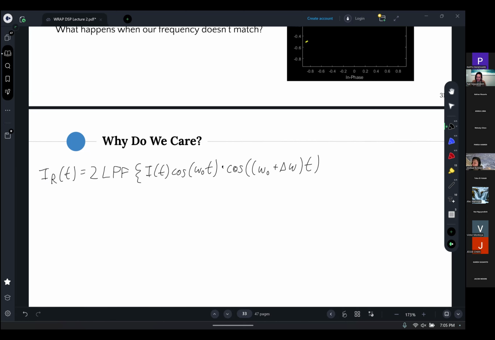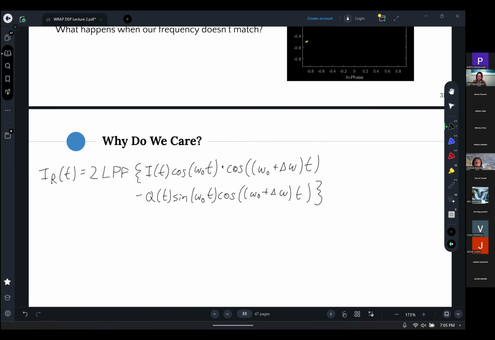And then Q of t sine of omega naught t cosine of omega naught plus the difference in the frequencies, multiplied by t.